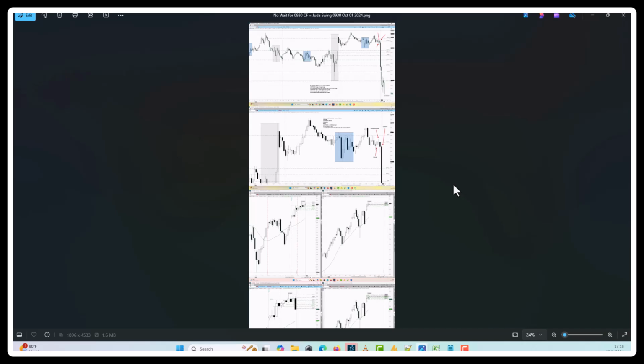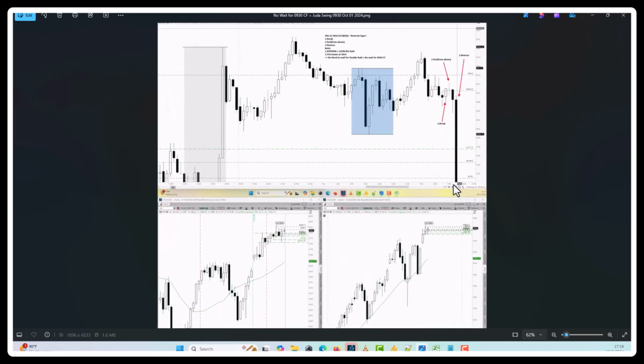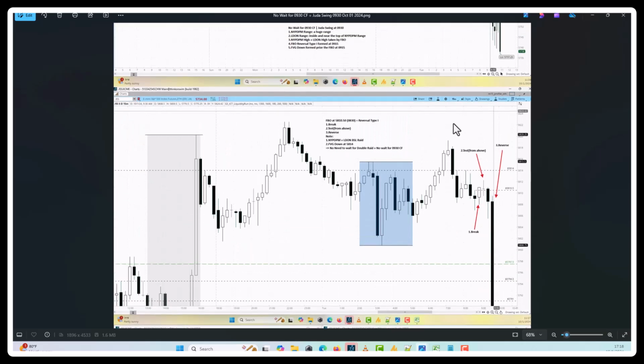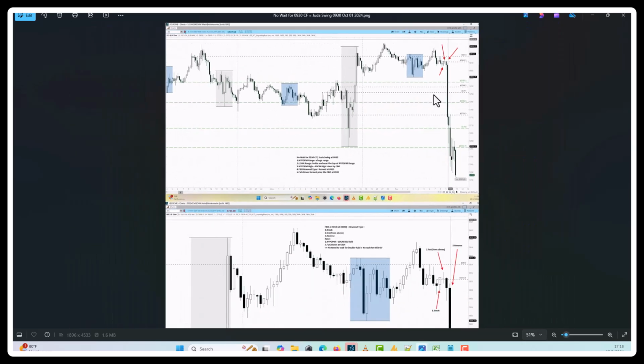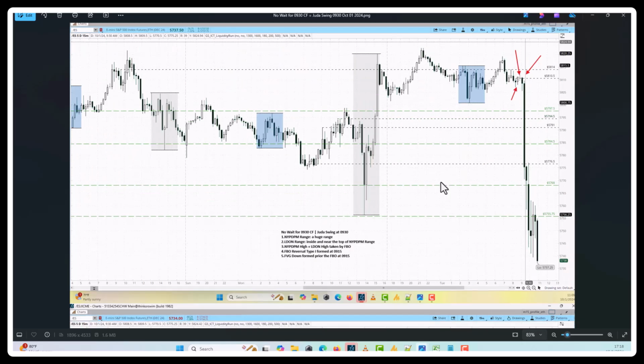The condition, which is right here, we see that the raid right here is split.